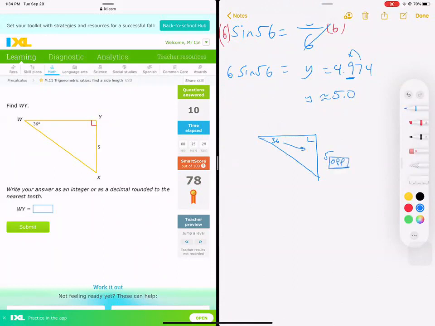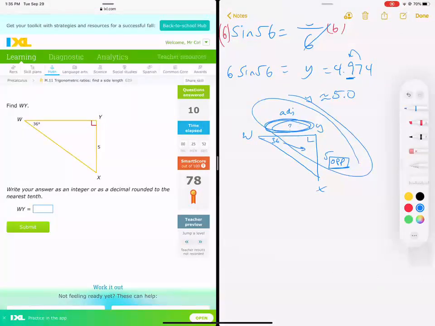They want us to find WY. WY is this side here. That's my side I'm missing. Is that adjacent or hypotenuse? It's adjacent. So which sine, cosine, tangent will use opposite, because I know the opposite, and adjacent when I don't know?